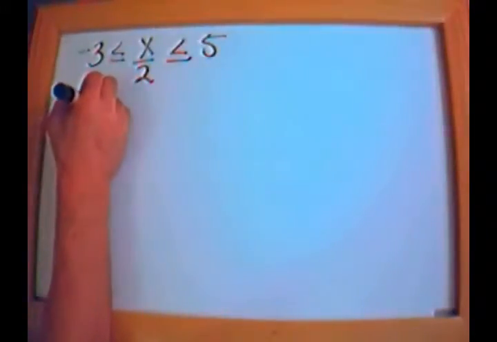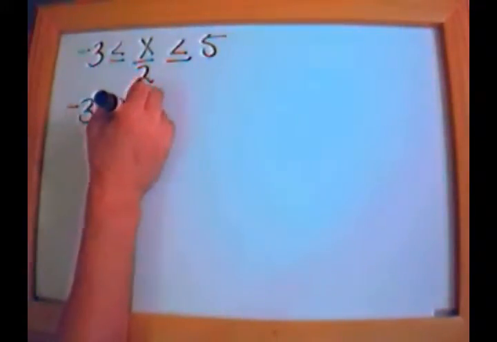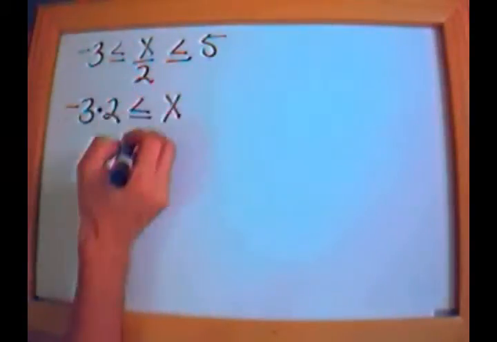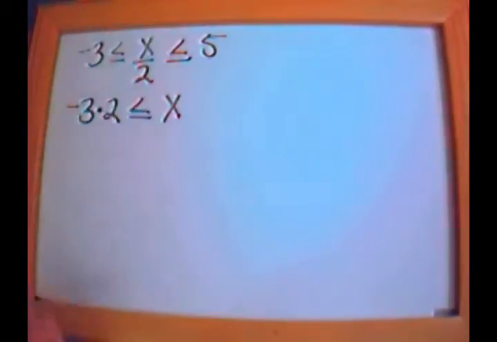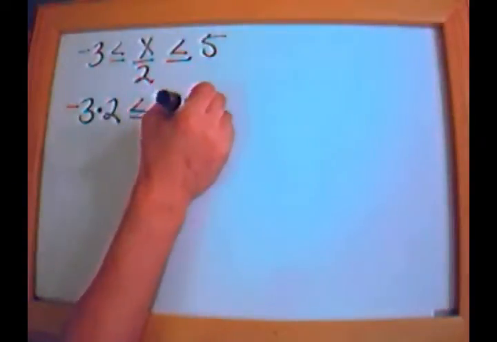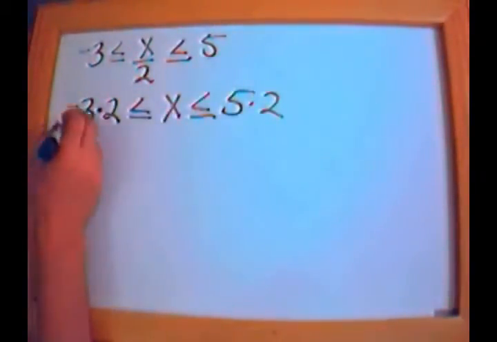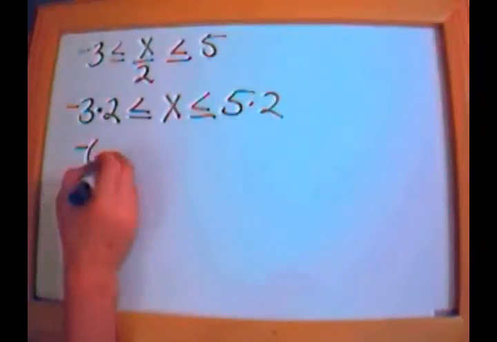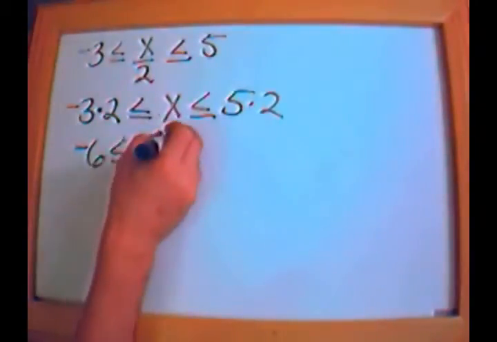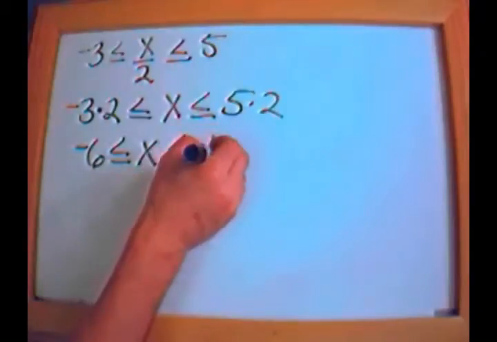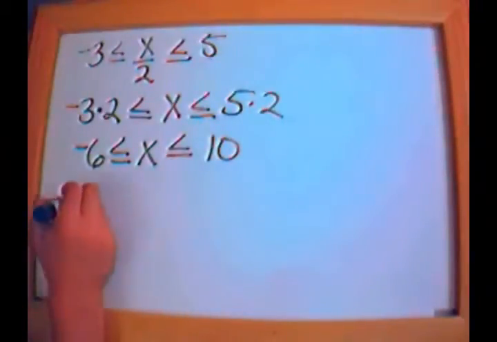So, negative 3 times 2 less than or equal to, in the middle I'm simply going to have x, because I would have a 2 out here, and the 2's would cancel. Carry my sign there, and then I'll have a 5 times 2. So negative 3 times 2 is negative 6, less than or equal to x, which is less than or equal to 5 times 2 is 10. And that is the answer.